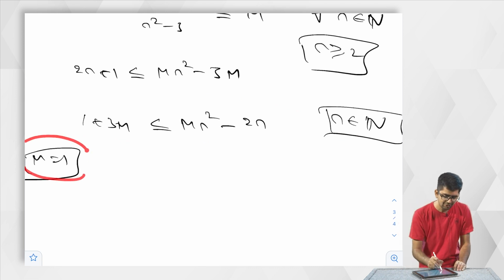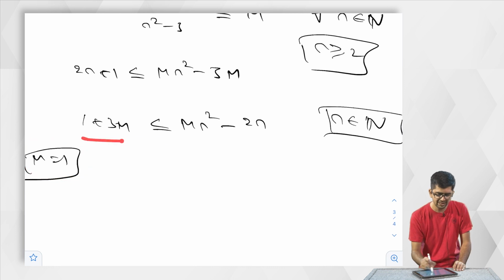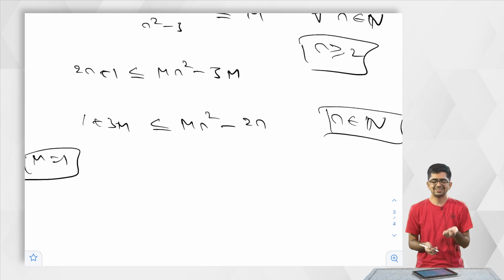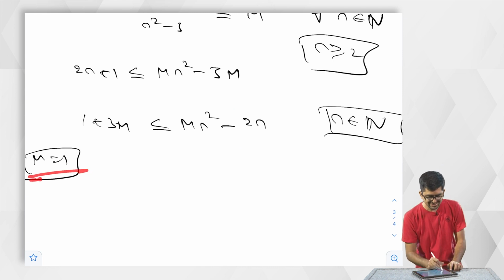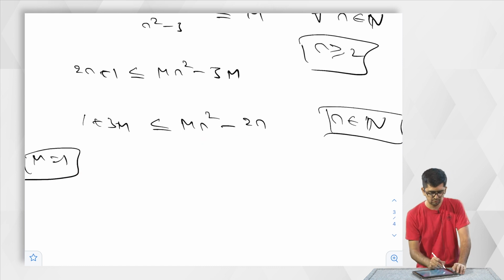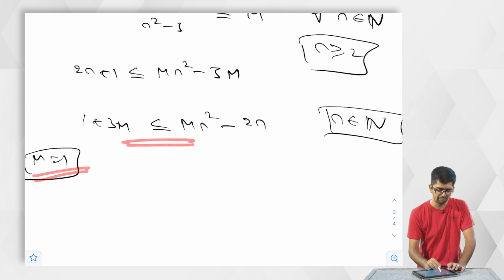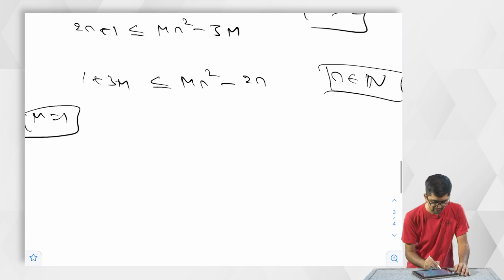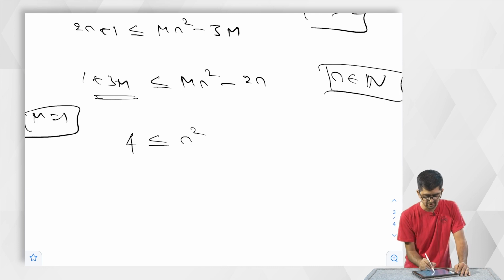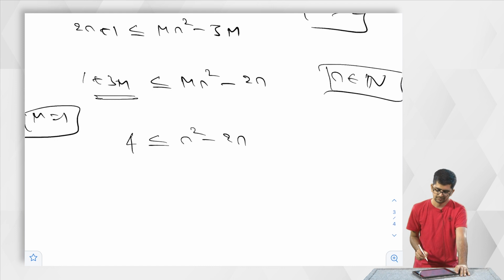So we will try to substitute m equal to 1 here and see if it is true or not. If it is not true, we might get some idea of how to change m so that this is true. We will get some information. For m equal to 1, what do we have? 1 plus 3 is 4, less than or equal to n squared minus 2n.